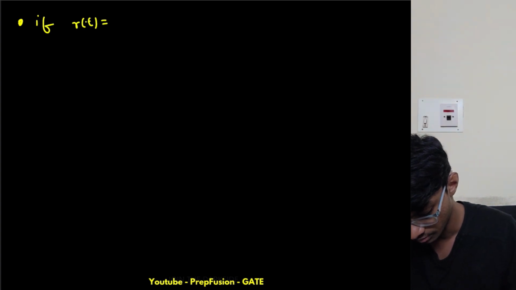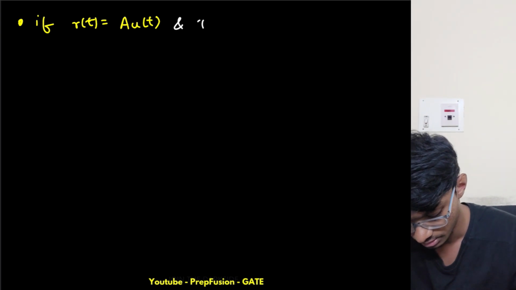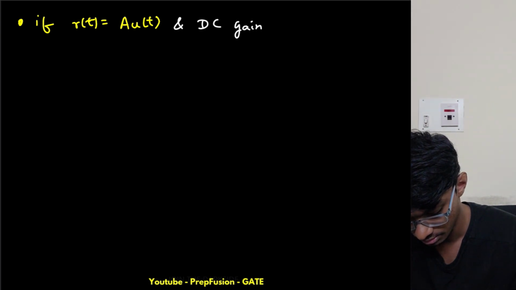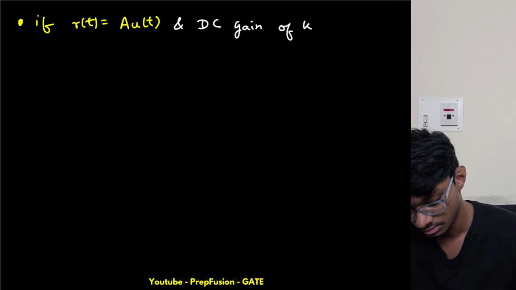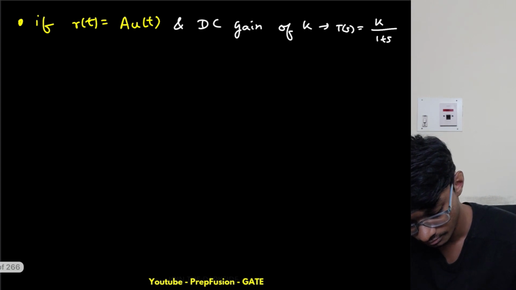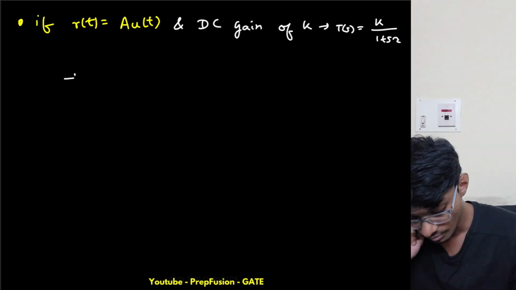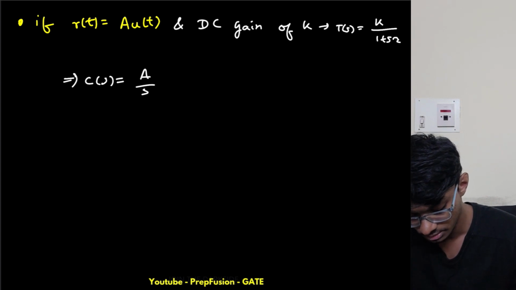If r of t equals A u of t and I have DC gain of K, then my transfer function will become K upon 1 plus s tau. So my output C of s will be A upon s into K upon 1 plus s tau.